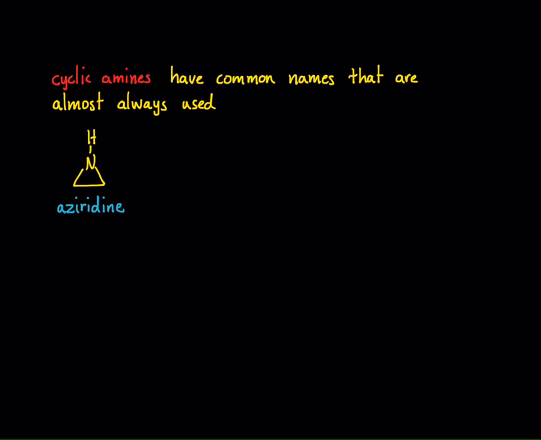Aziridine. Now, you can also name this as what's called an aza-cycloalkane. So this would be aza-cyclopropane. The aza stands for the nitrogen. When you have a 4-membered ring with a nitrogen in the ring, this is called azetidine.